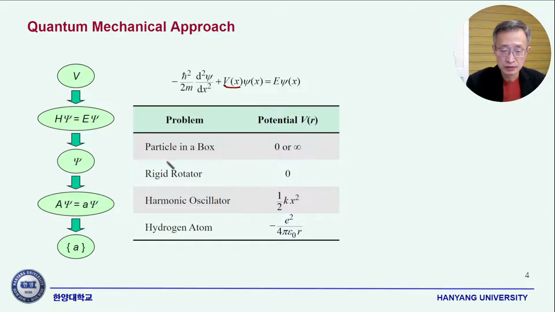And then we covered, mostly in our elementary quantum chemistry, the particle in a box problem, the rigid rotor problem, the harmonic oscillator problem, and the hydrogen atom problem. Well, these come from Schrödinger's 1925 papers in Germany.